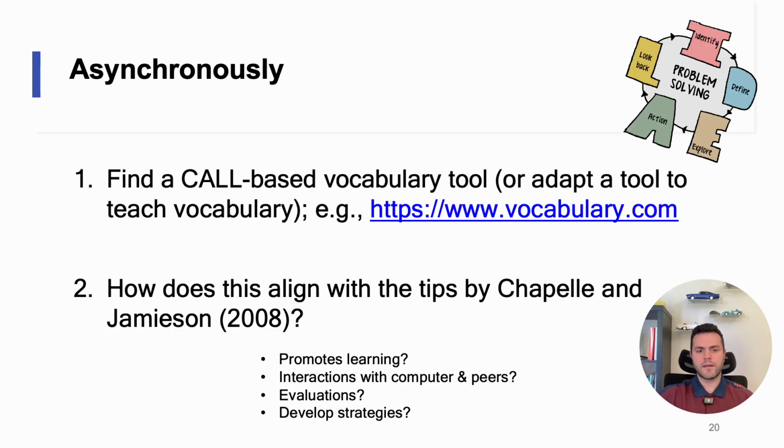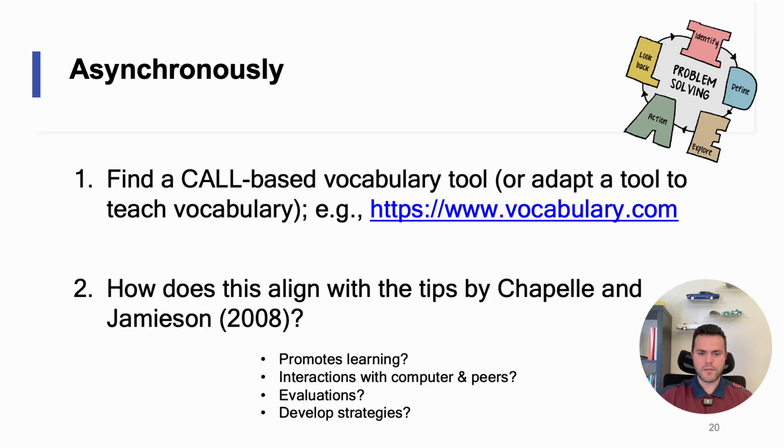Now here is the task for you. You can consider doing it as part of your forum activity or the journal. So you need to find a CALL-based vocabulary tool or adapted tool to teach vocabulary. Here is a sample website you can refer to. And the question is, how does this align with the tips suggested by Chapelle and Jamieson, 2008?